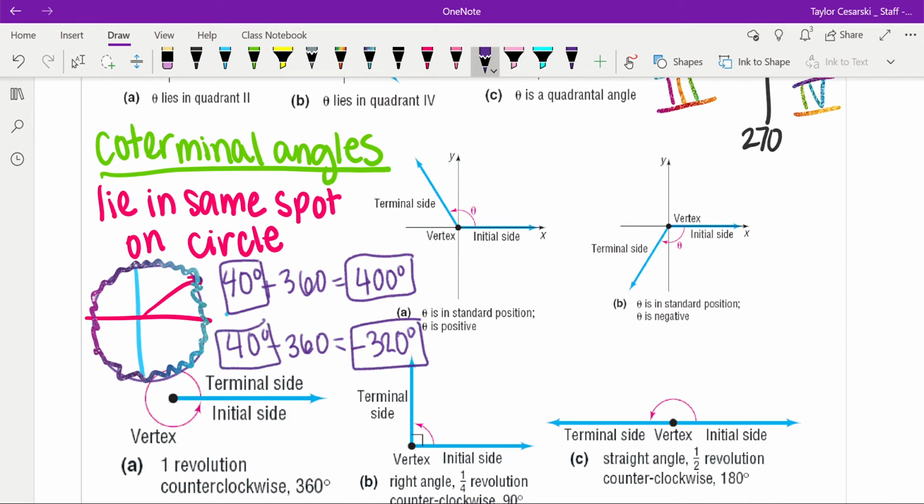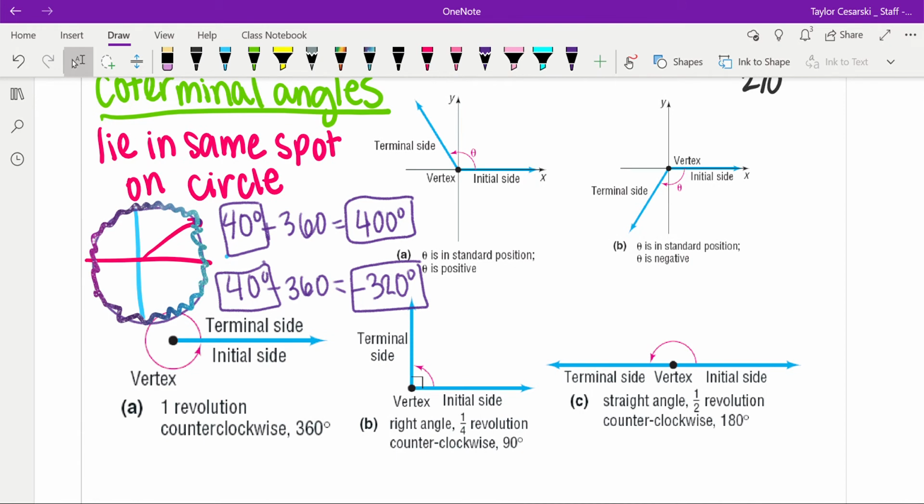Now, know that 40 and 400 and 40 and negative 320 are not the only possibilities for coterminal angles. I could keep adding 360, I could keep subtracting 360, but I can't add, for example, 100, because if I added 100, that would not get me back to the same spot in my circle. So my only options in degrees are to add 360 or to subtract 360.